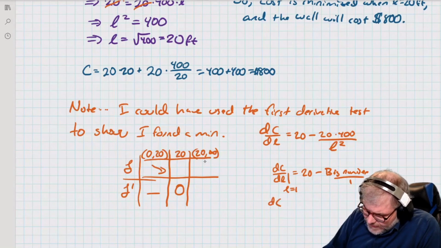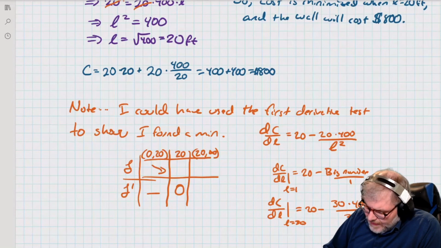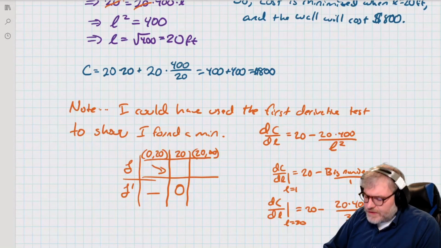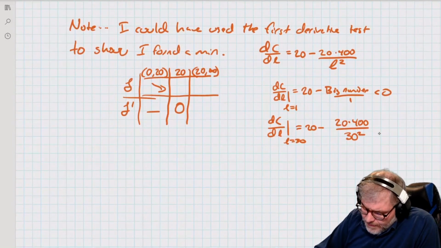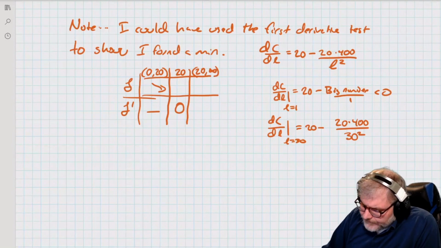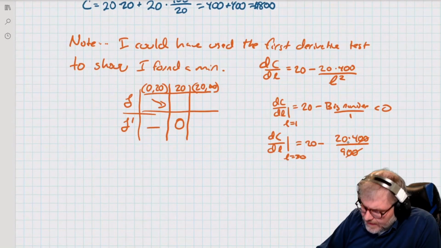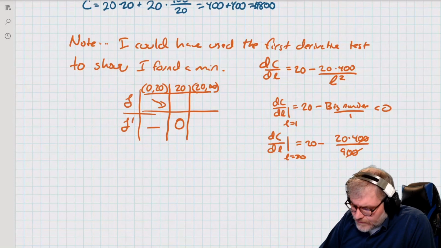And then let's pick a number in here. Let's pick 30. And the point is, this should be 20. This 30 squared is going to dominate the equation, and I'm going to wind up with something greater than 0. 80 over 9 is less than 20.